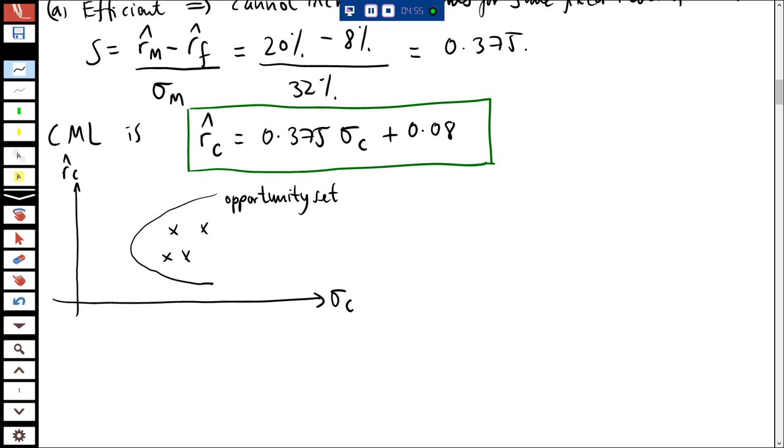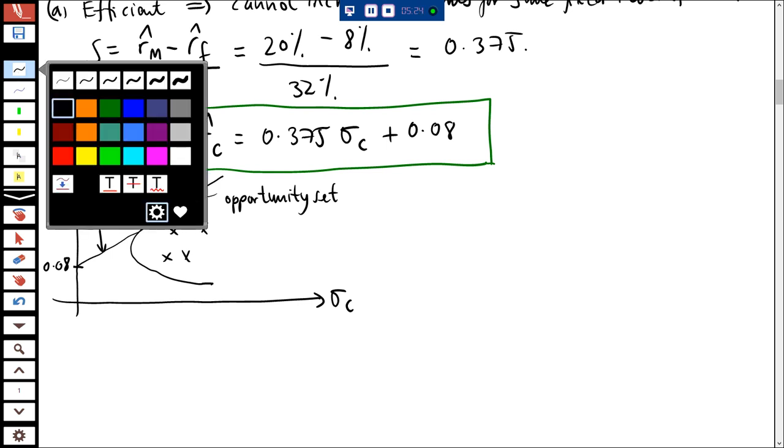So if I just draw it on maybe here, tangential, okay, not so easy. There you go. That could be worse. Okay, so this is the capital market line. I won't draw over the top of it. Maybe this one. This is the capital market line, and this is the market portfolio. Maybe put this in a different color. It's quite important.